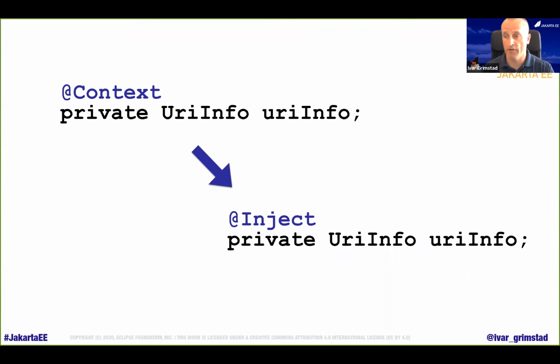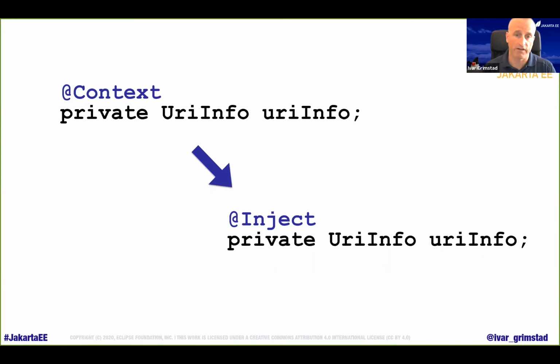So if you remember from JAX-RS and the current Jakarta REST specification, if you want to access the URI info, you need to inject it with the @Context annotation. And they want to remove @Context and replace it by @Inject.